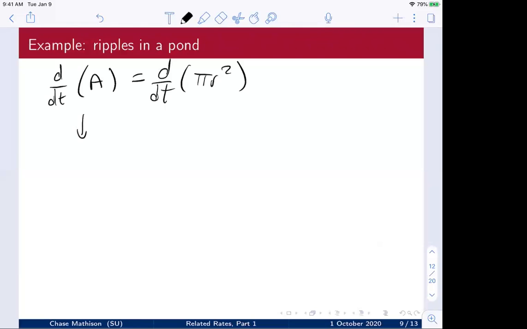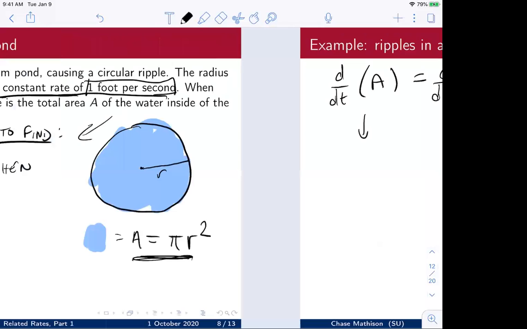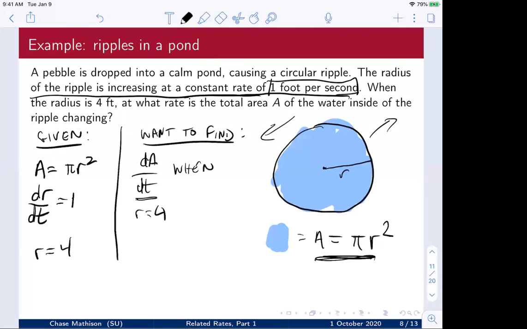A is a function of time. So when I take the derivative of A with respect to t, is it 0? No, it's not 0, because if we look back at our drawing, this circle is expanding, right? So the blue area is definitely increasing.